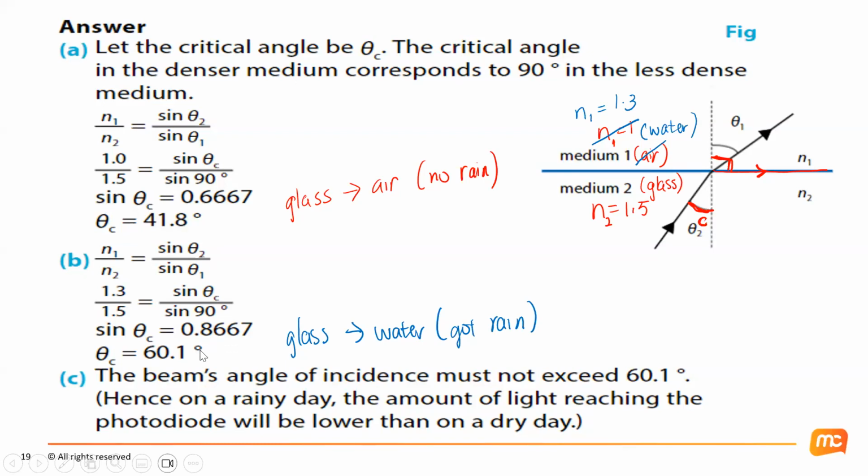But now I need to be 60.1. Then I can have TIR, then my sensor can receive it. So actually there's less TIR taking place, because I need to hit above 60.1 to get TIR. So now it's very hard to hit 60.1. So I have not so much TIR, so I will have less light reaching it.